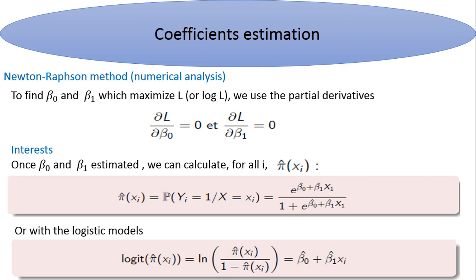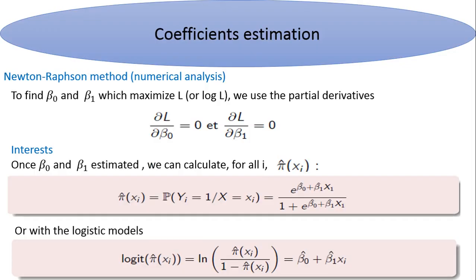That's the point that annuls the partial derivatives of our log likelihood function. The interest is that once beta 0 and beta 1 are estimated, we can calculate for all i the probability of success given the different observations. So with the logistic model, we can write the logit of this probability as a combination of our estimated parameters.